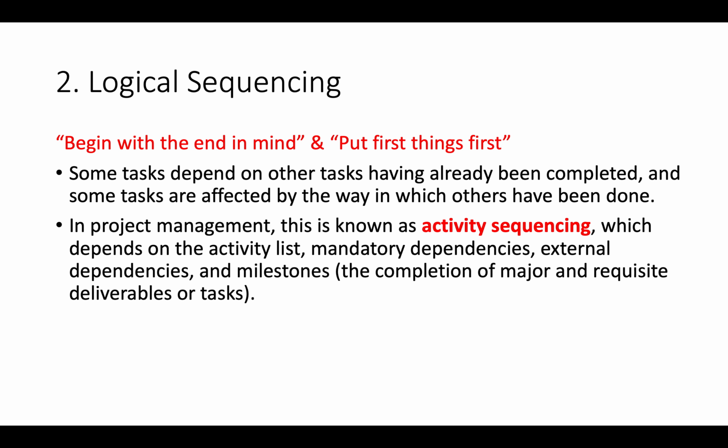And after we already know all the tasks and the elements during the events, we need to do a logical sequencing. In project management, this is also known as activity sequencing, which, put it simply, is begin with the end in mind. Put first things first, which means we need to prioritize all the activities and put the most important one first.